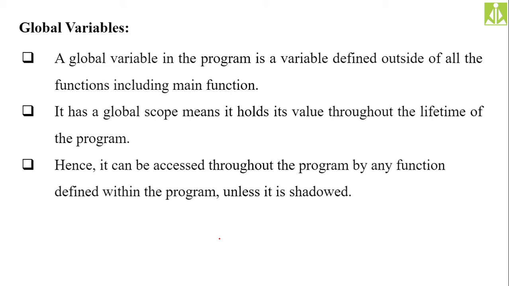We are not making these variables part of any of the functions in our program. Simply we are declaring them outside of all the functions, including main. So if you do so, then what will happen? As you are declaring these variables at the global level, these variables are available inside all the functions.